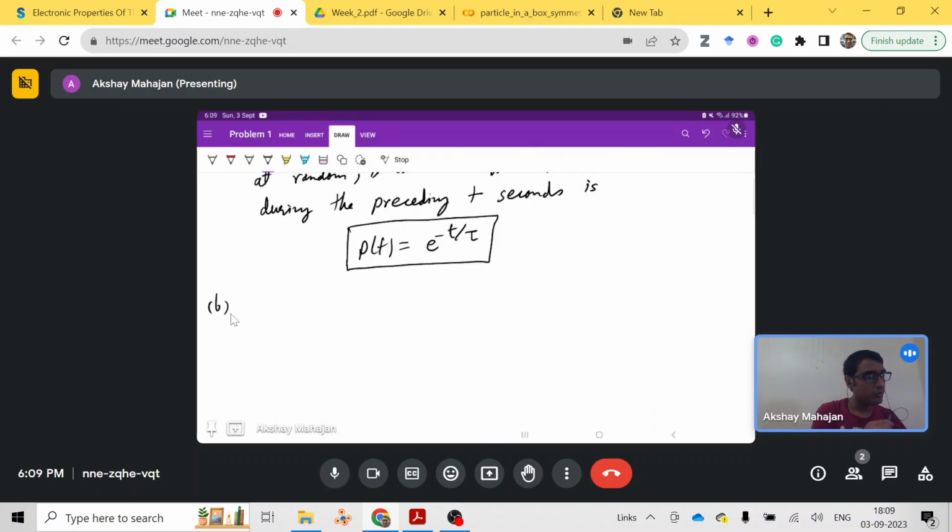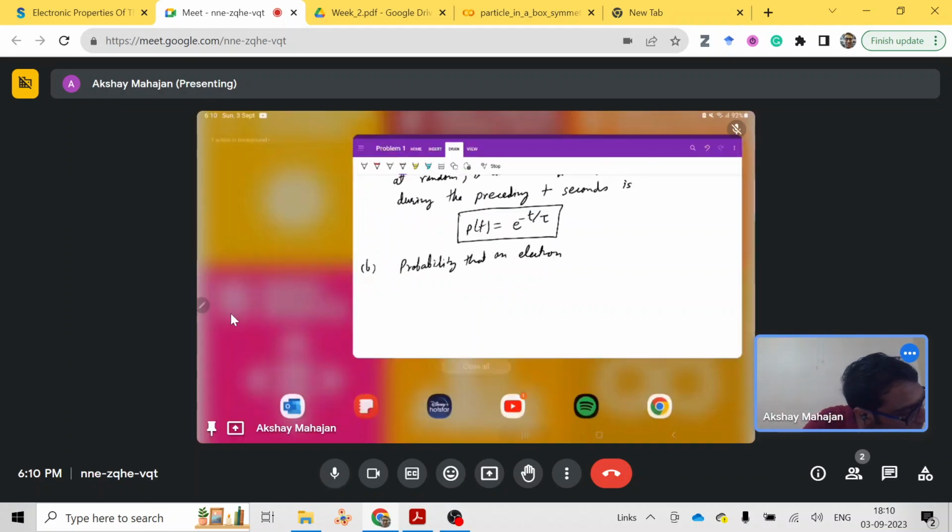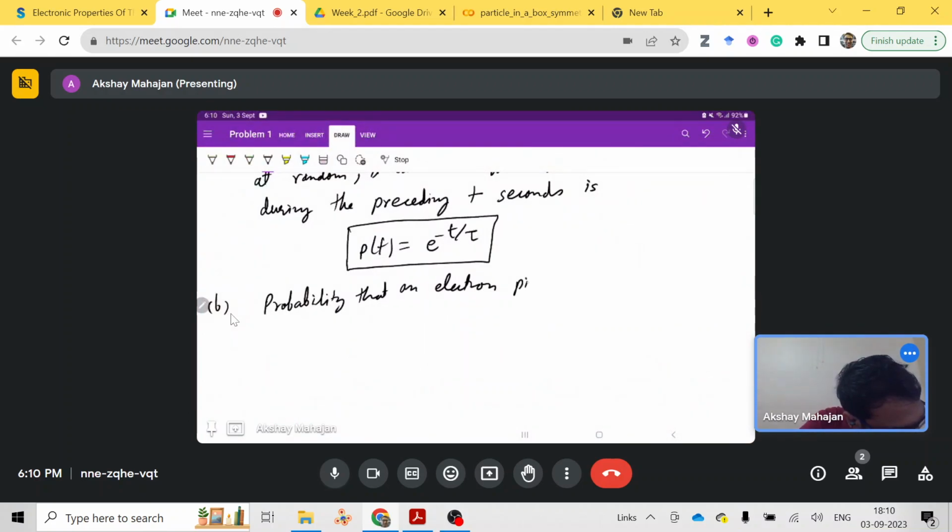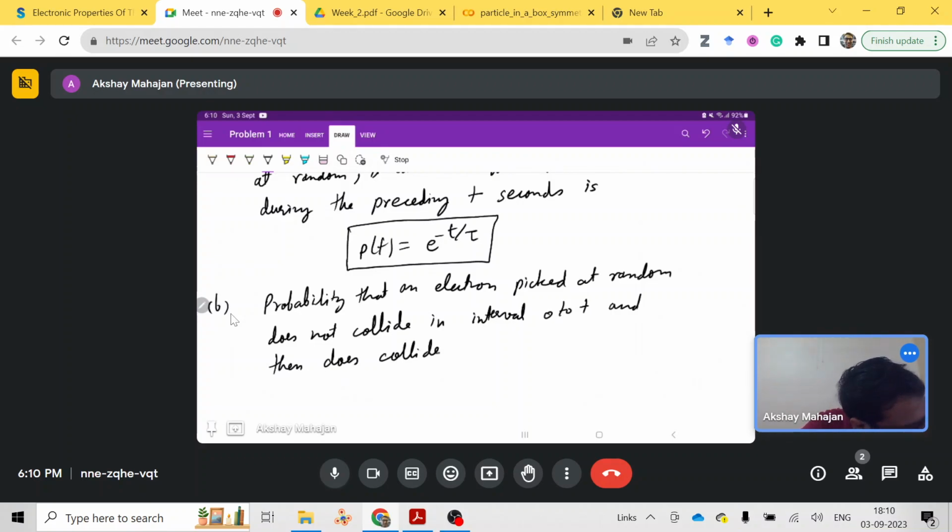So from there, what we got is small p of t, the probability that an electron picked at random does not collide in the interval 0 to t, and then collides in the interval dt.